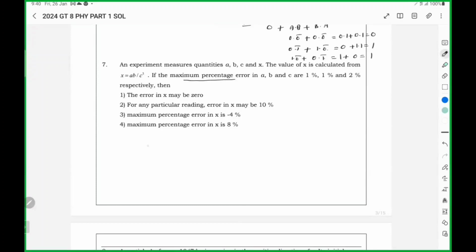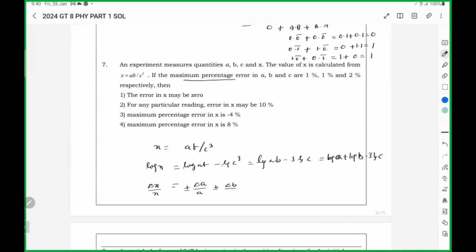To have the maximum percentage error, x is AB by C cube, log x will be log AB minus log C cube, log A plus log B minus 3 log C. So the error in x will be delta x by x, which is delta A by A plus or minus delta B by B minus or plus 3 delta C by C. So for the maximum percentage error, it is delta A by A into 100 plus delta B by B into 100 plus 3 delta C by C into 100.